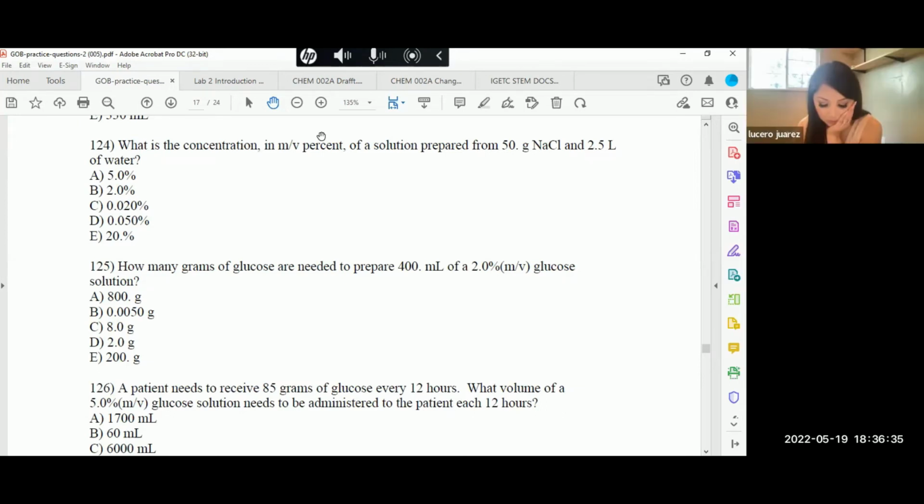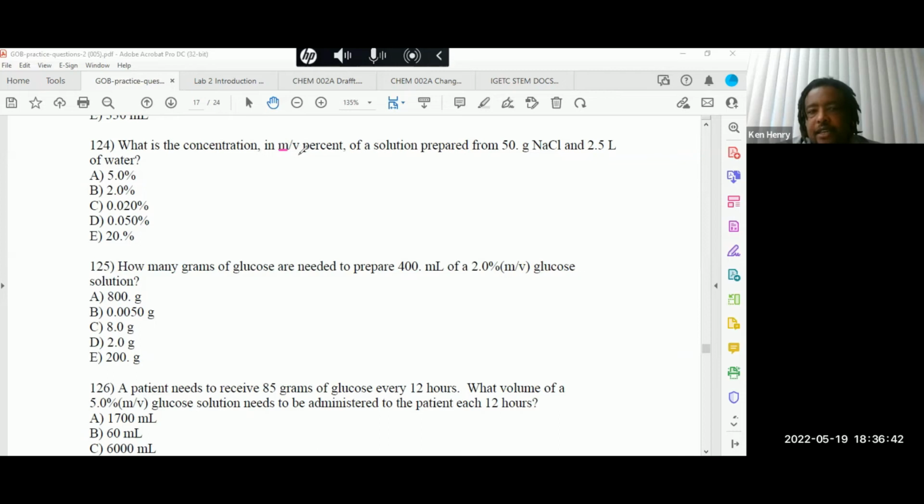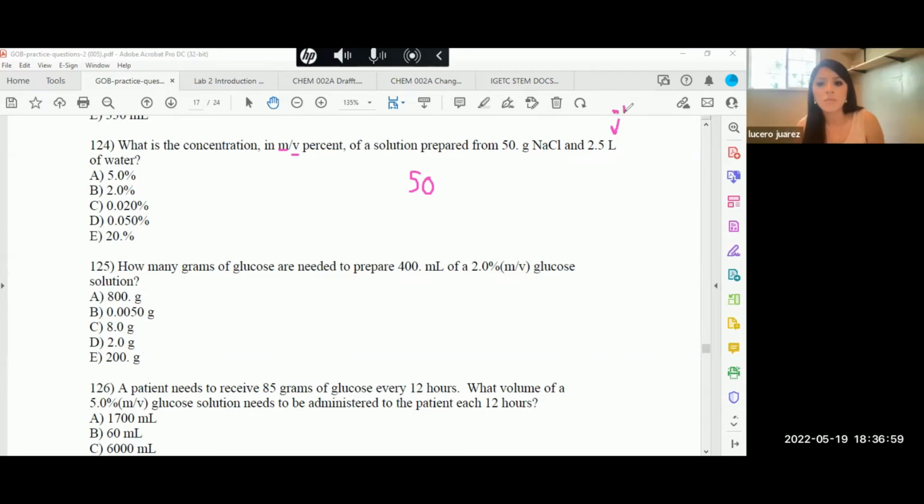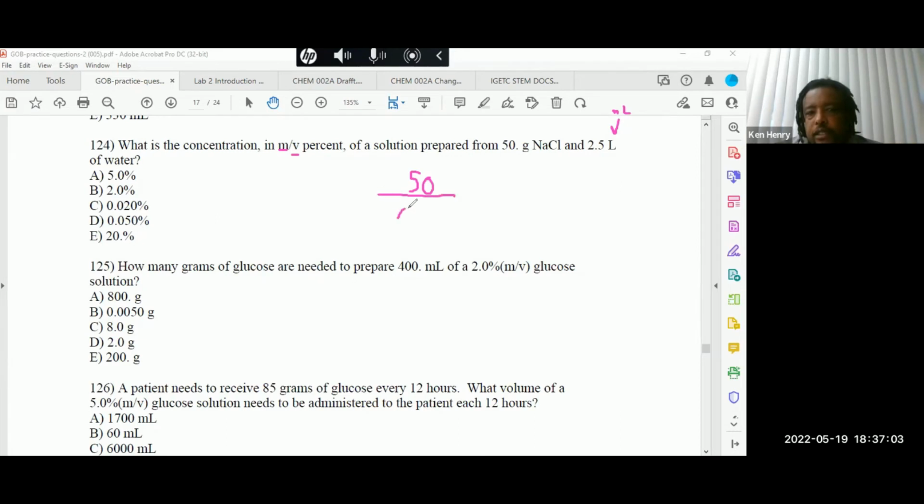Usually M stands for mass, V stands for volume, so 50 divided by 2.5. But it wouldn't be, because we normally put the volume in milliliters. So we have to change that to milliliters, 2,500 milliliters.